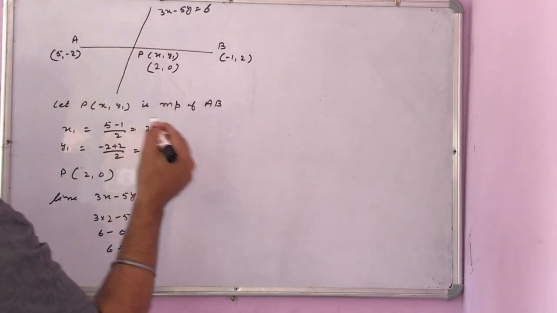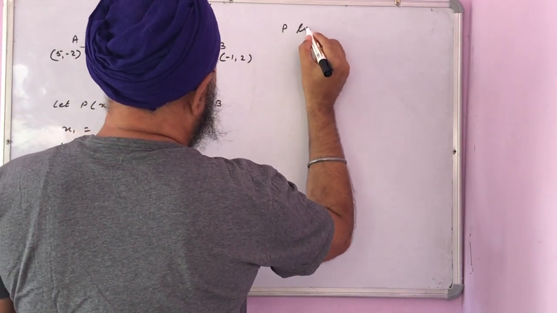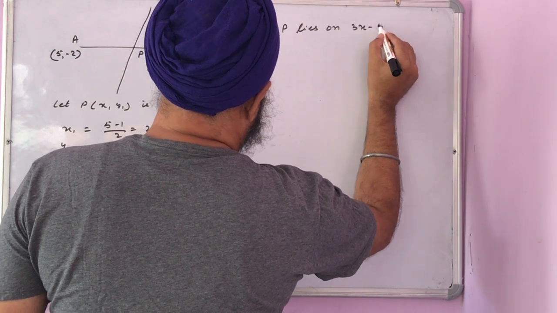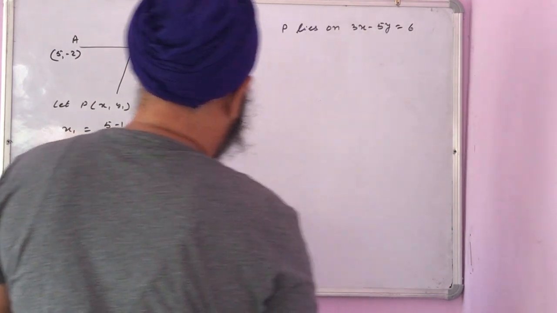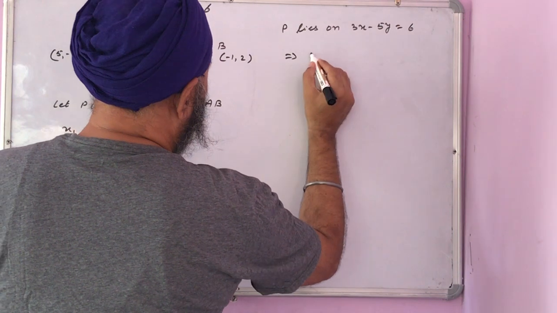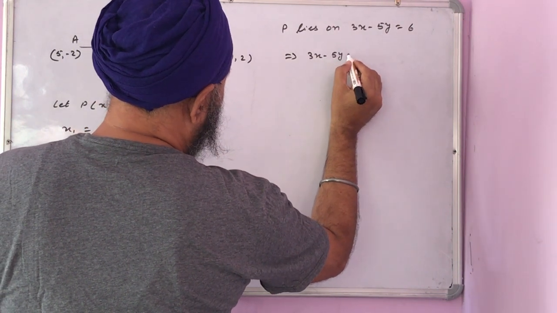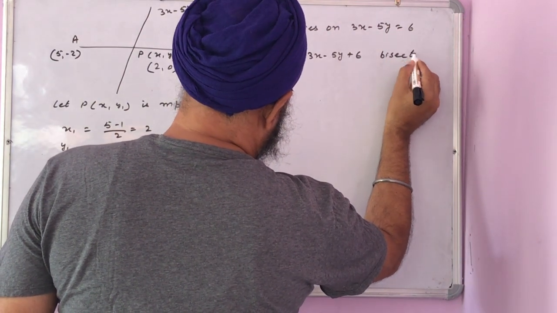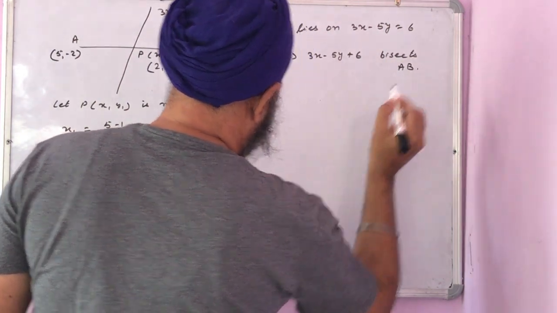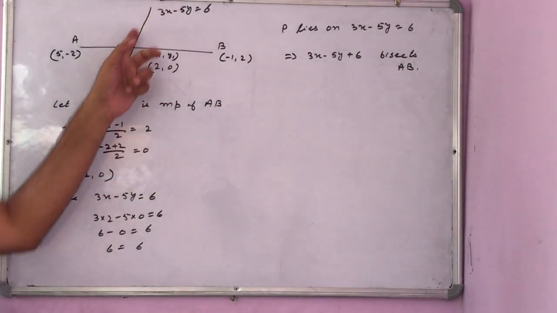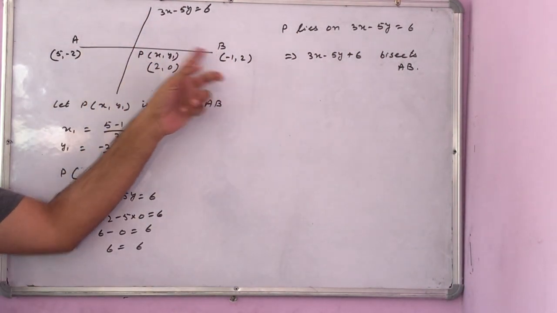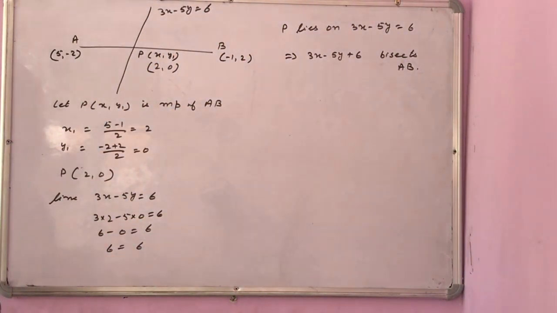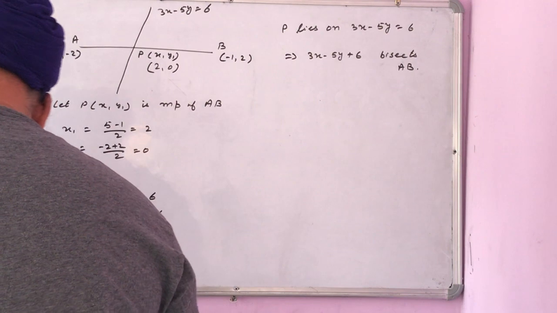So P lies on this line, 3x minus 5y equal to 6. Because P also lies on this line, it means this line is bisecting AB. I think you have got it. If there is any problem, you can ask.